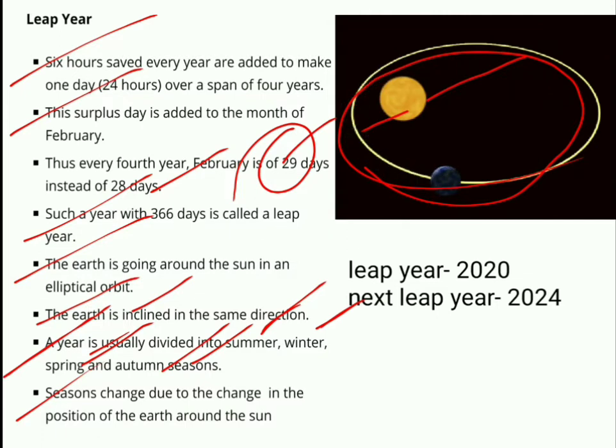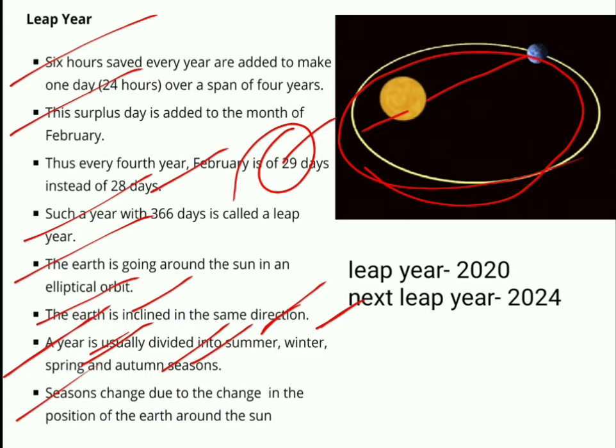While rotating, the earth experiences day and night. While revolving around the sun, the earth changes the seasons because it changes its path as well as its position. And in different periods of time the earth experiences different seasons.